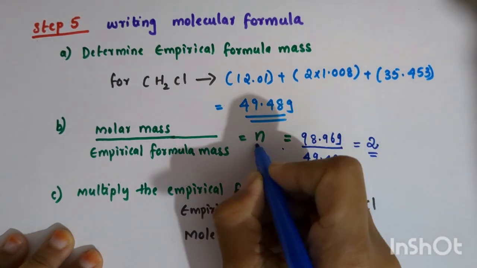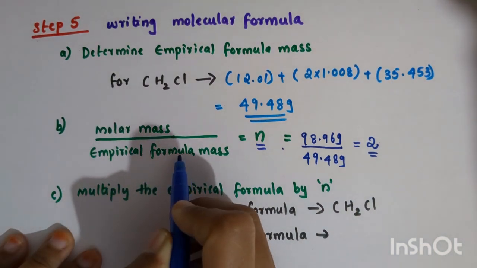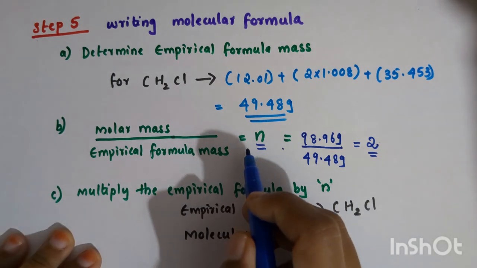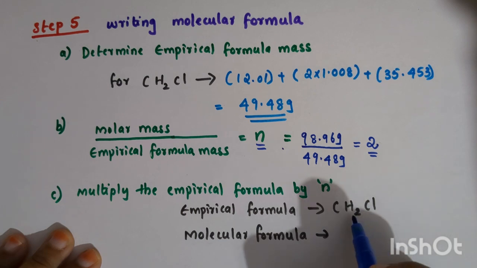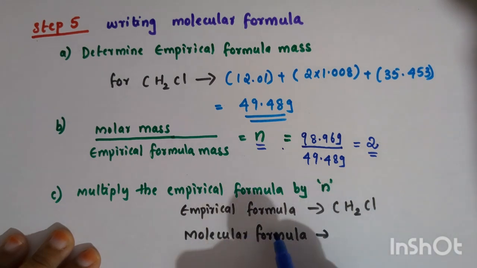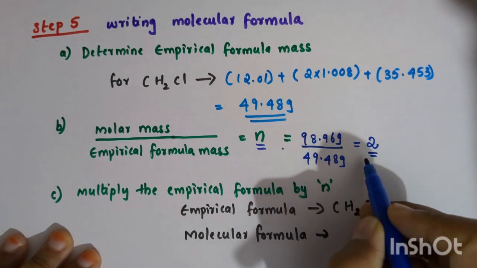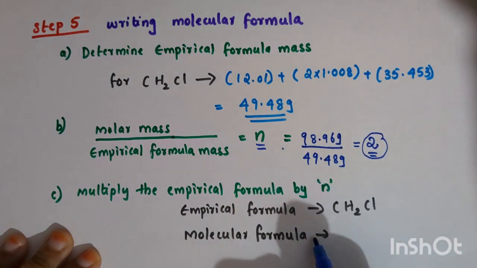That number is n. So molar mass divided by empirical formula mass is equal to 2, taken as n. The empirical formula of this compound is CH2Cl. To get the molecular formula, we multiply the empirical formula by n, that is 2 here.